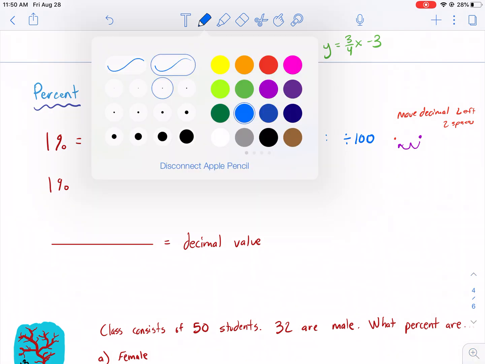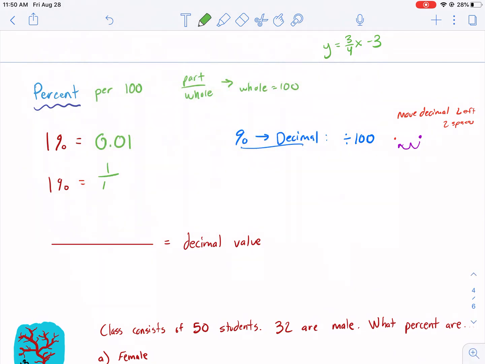Now we can also express a percent as a fraction. So we could say this is 1 out of 100. Okay, and that's another way to do that. A decimal value is essentially the partial amount divided by the whole amount. And then if you wanted to multiply the decimal value by 100, that's when you get your percent.